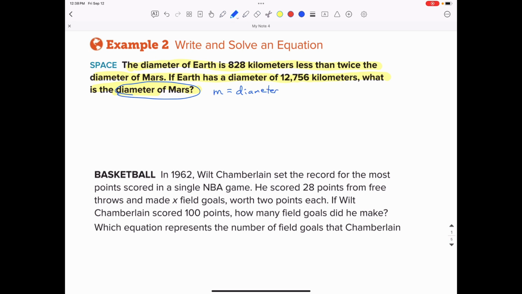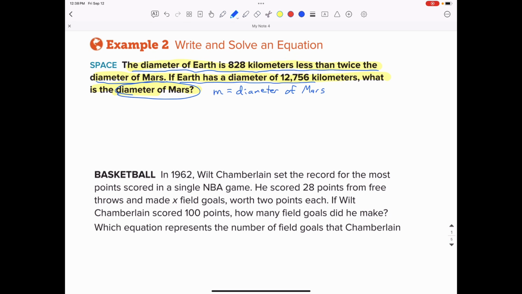And this is what we're trying to figure out. And again, it says up here, the diameter of Earth is 828 kilometers less than twice the diameter of Mars. So it also says that Earth has a diameter of 12,756 kilometers.